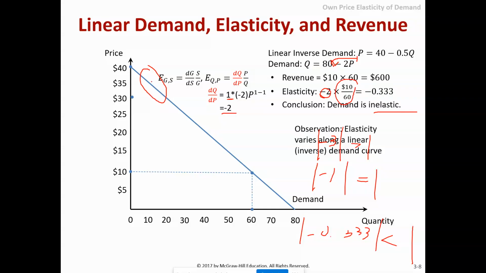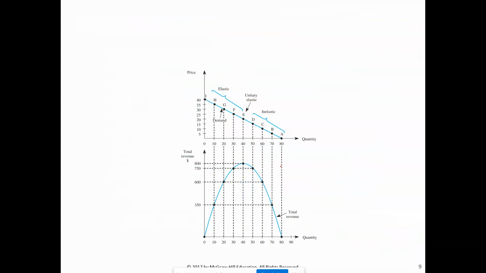So the ratio moving in this direction decreases. Therefore, the elasticity varies along a linear demand function. Moving from upper left to bottom right, it becomes more and more inelastic. Okay.